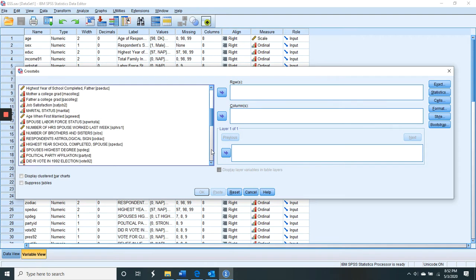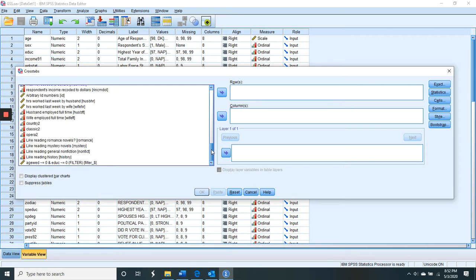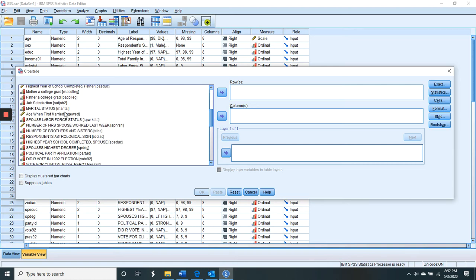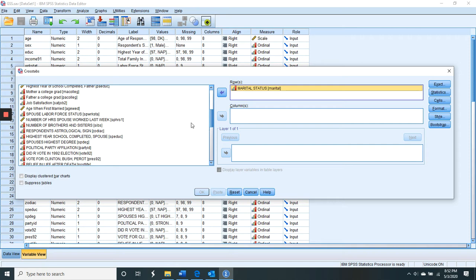Give me a second to find it. There it is. It's kind of hidden. Marital status, a categorical variable.